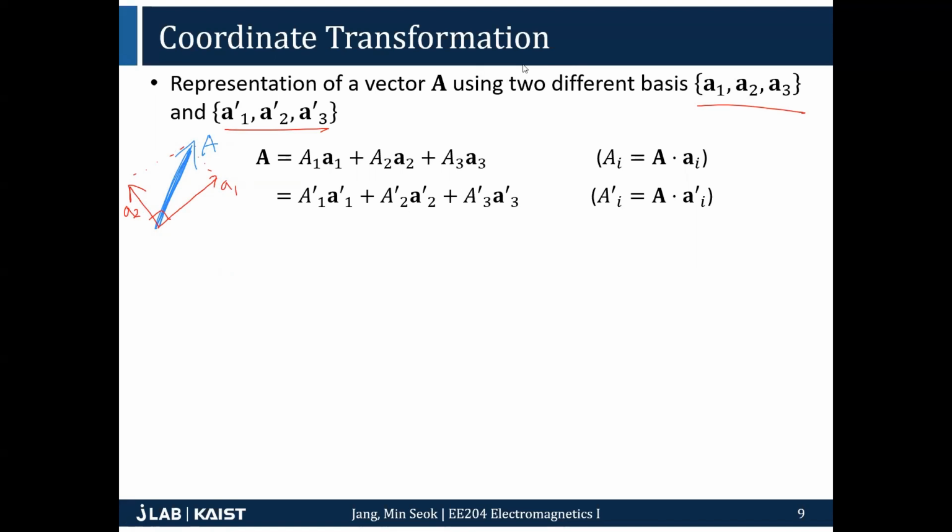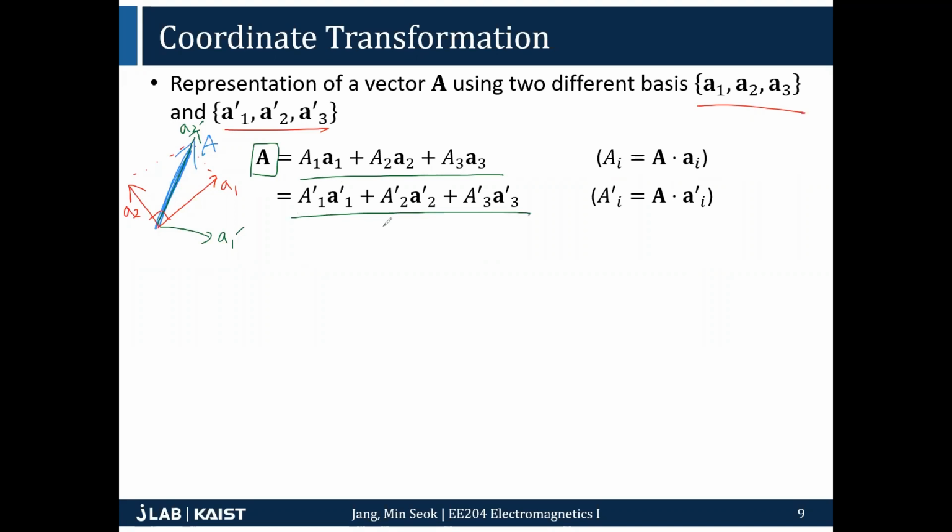And then we can also imagine another coordinate system, like this. Let's say this is A1 prime, A2 prime. These are two different coordinate systems, right? And of course, the representation is different. So A can be represented in the unprimed coordinate system or the primed coordinate system.